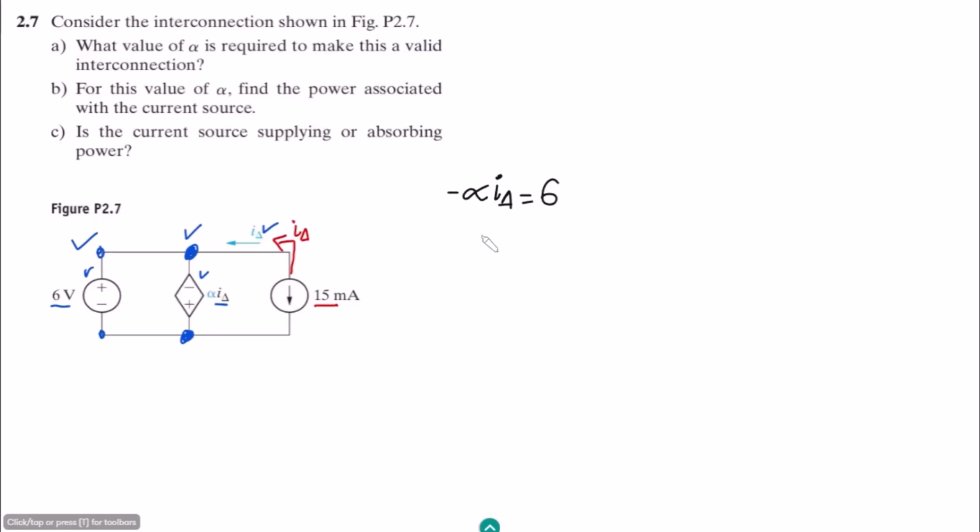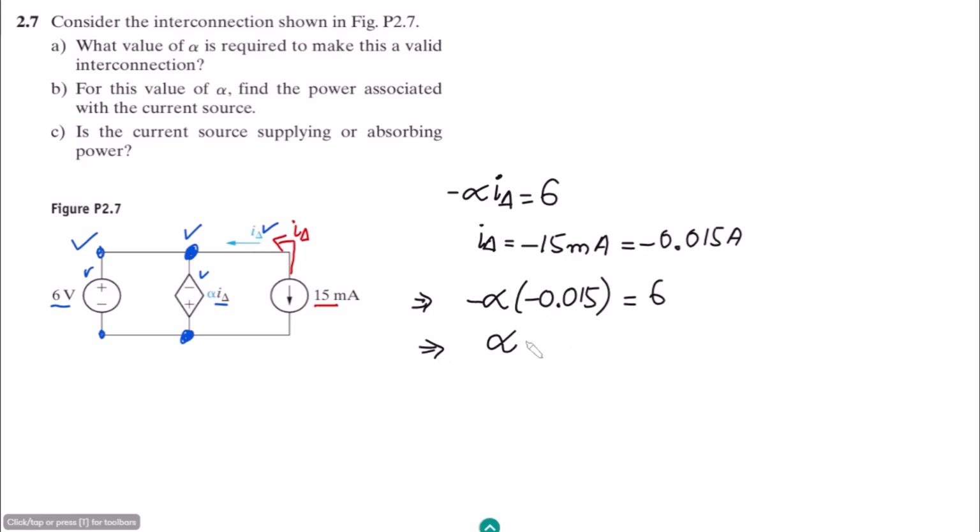So the value of I delta is minus 15 milliamps, or minus 0.015 amps. Putting it here, it will be minus alpha times minus 0.015 is equal to 6, or alpha times 0.015 is equal to 6, or alpha is equal to 6 divided by 0.015.